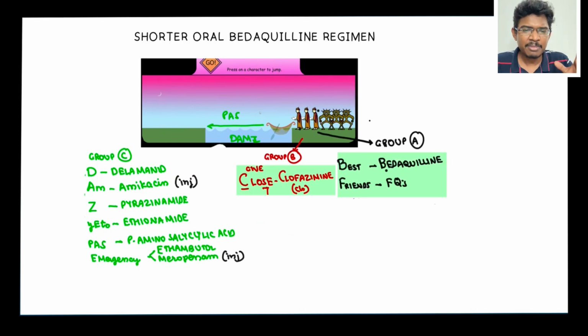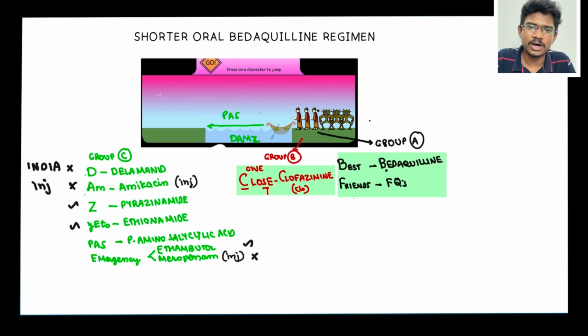Delamanid. Delamanid is not widely available in all centers in India, and it is also a reserved drug. So we keep it for use if some drugs don't work. You should not use it upfront, so you shouldn't include it.